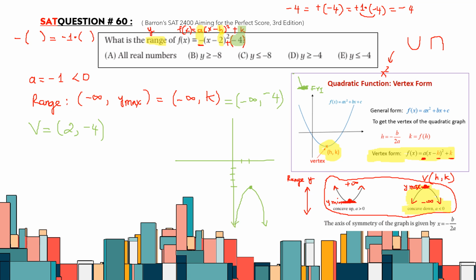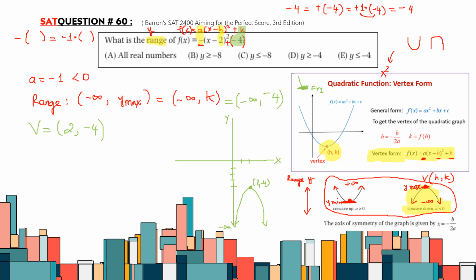This is x, this is y, this is negative infinity up to -4. As we know this information, it will be a perfect tool to give you a quick answer for those problems.